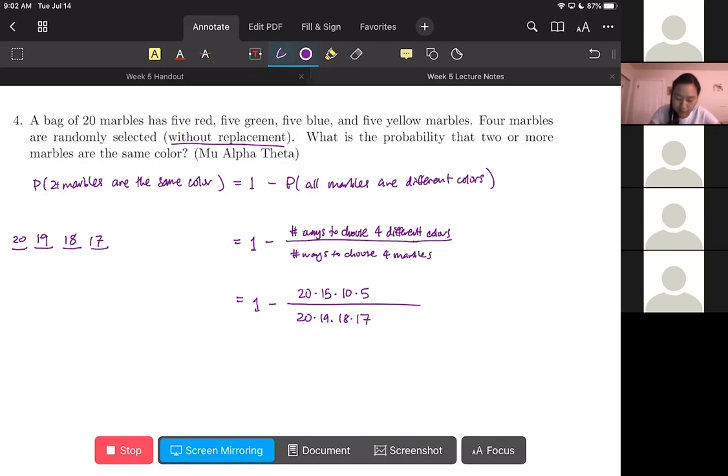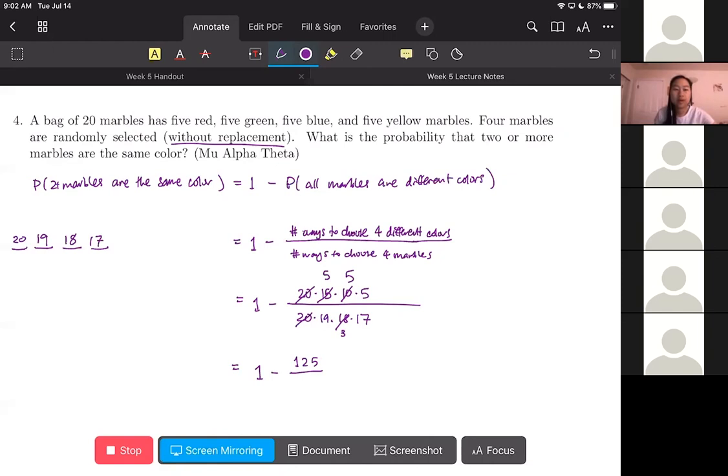So let's calculate what this is. We can simplify this by canceling here. We can also cancel here. 2 from 18, yeah. Right. So the top is going to be 125. And then the bottom, what's it going to be? So I want to calculate it.